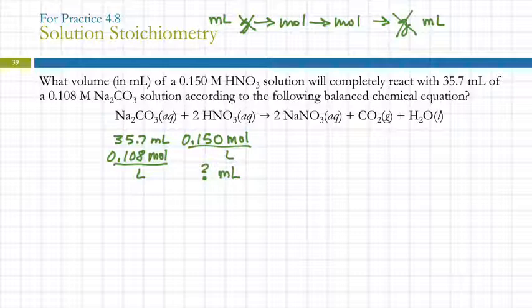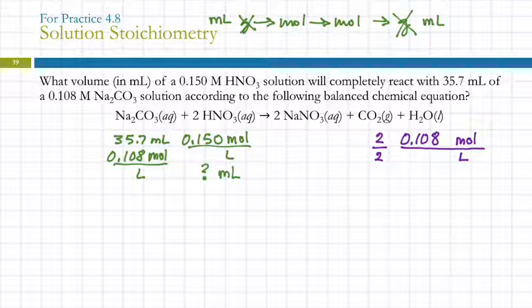So I want to show you something that makes life much, much simpler. So if I take this 0.108 moles per liter, would that change if I multiplied the top and the bottom by 2? It's still the same relationship, right? Well, why would I do that?